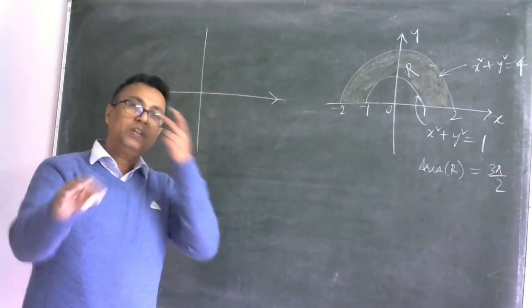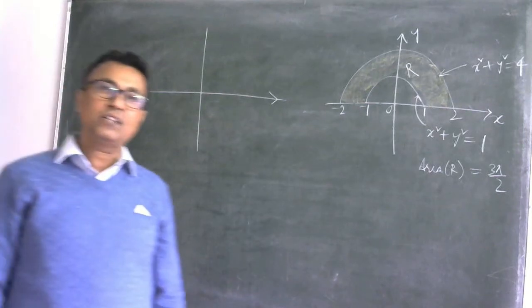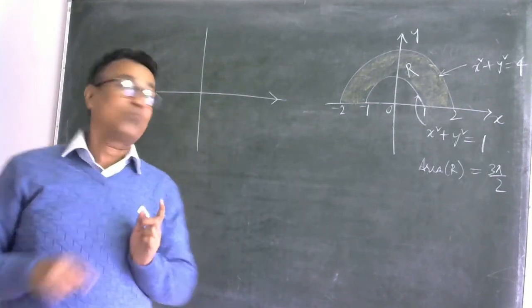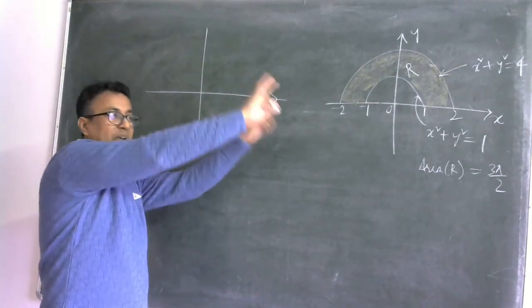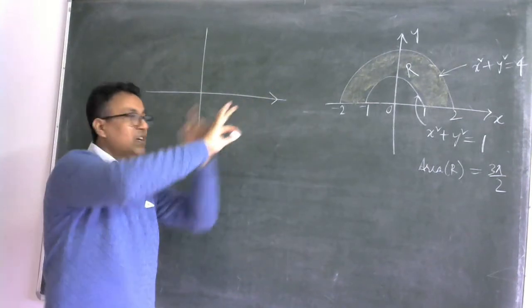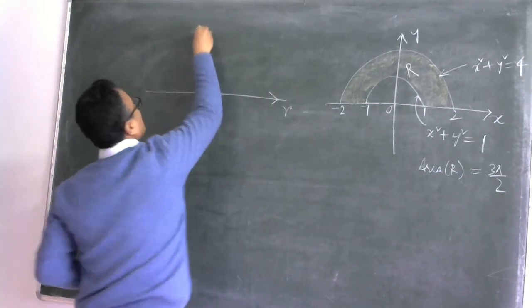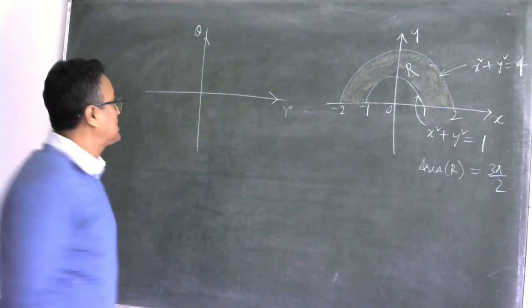In my introduction today, I told you about change of variables, where the original plane was the UV plane and the transformed plane was the XY plane. Here U and V are going to be replaced by r and theta.